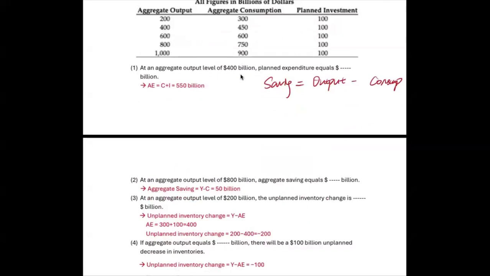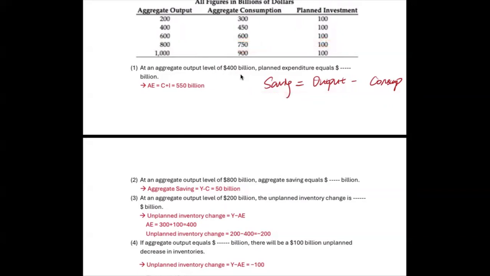So now at question 2, at an aggregate output level of 800, only look at this row. Then we can see aggregate output is 800, aggregate consumption is 750. So what is the aggregate saving? It's just 50, right? But planned investment is 100. So also not at the equilibrium.